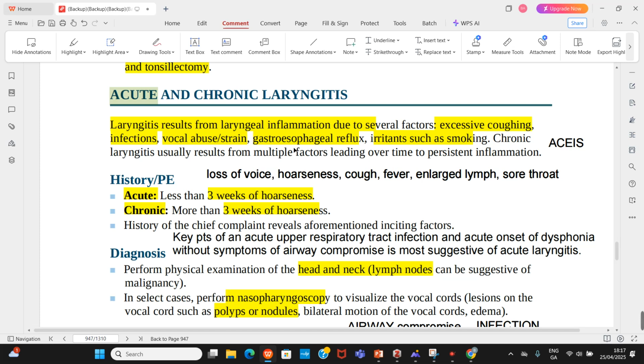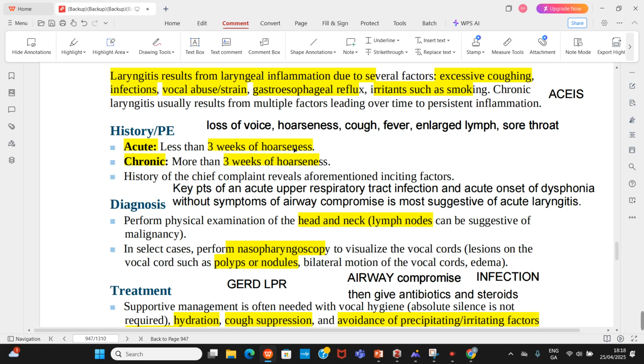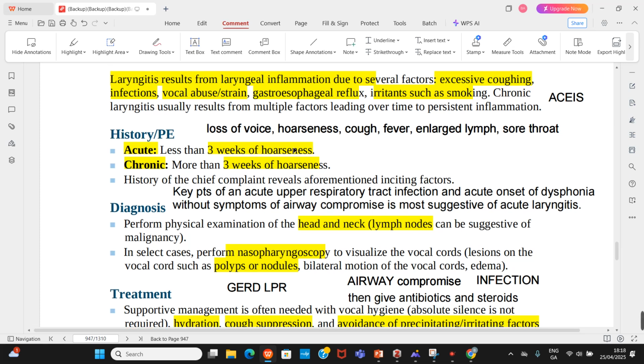People with GERD, in which you have a lot of reflux from the esophagus to the airway, can have laryngitis. People that smoke a lot can have laryngitis. The symptoms of laryngitis include loss of voice, hoarseness of voice, cough, and if it's infectious, fever, enlarged lymph nodes, and sore throat.